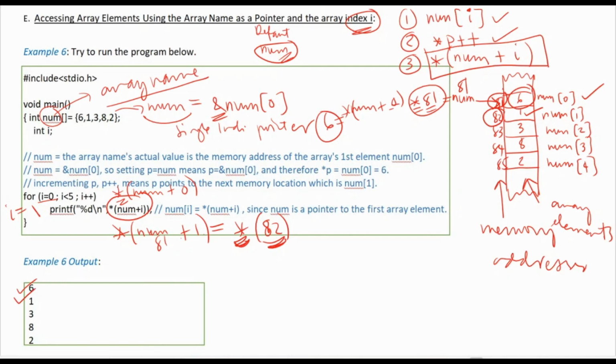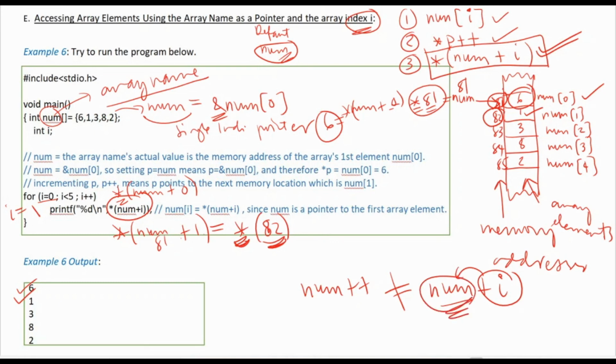So take note that using this expression does not increment num. Num plus plus is not the same as saying num plus I. You simply add this value to num, but you never change the value of num. You don't say num gets num plus 1, which is the effect of this incrementation in here.